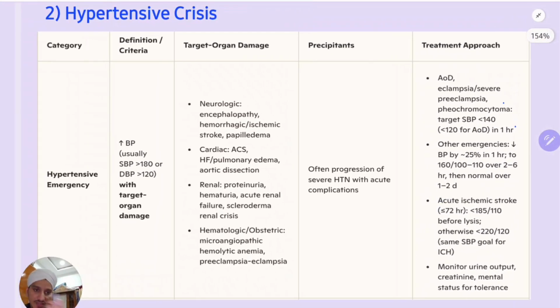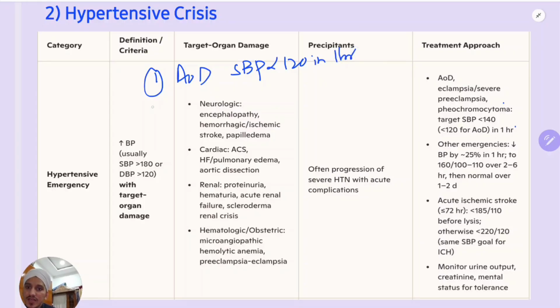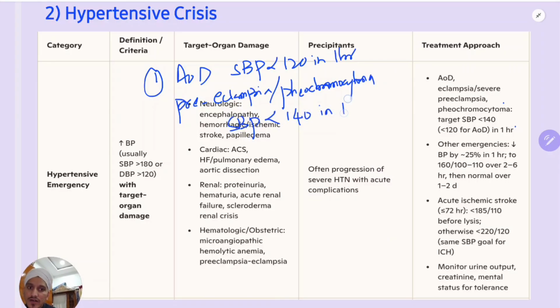Just to summarize, what should be the target BP? If acute aortic dissection, SBP should be brought to less than 120 in 1 hour, and in pre-eclampsia or pheochromocytoma, SBP should be brought to less than 140 in 1 hour.